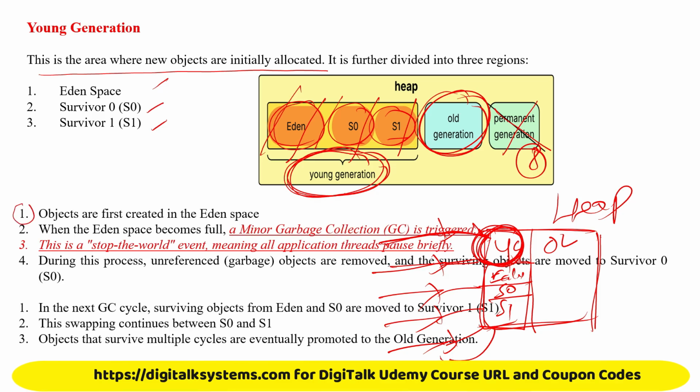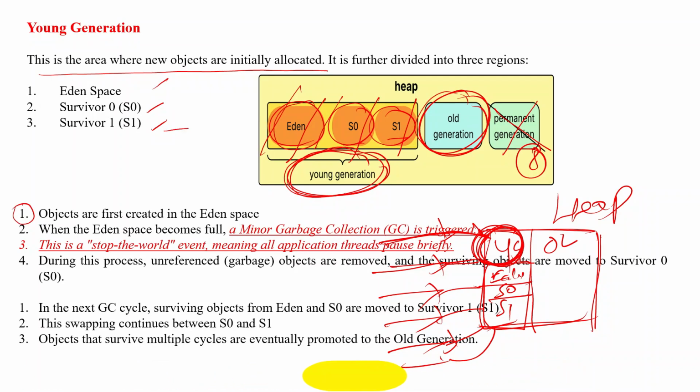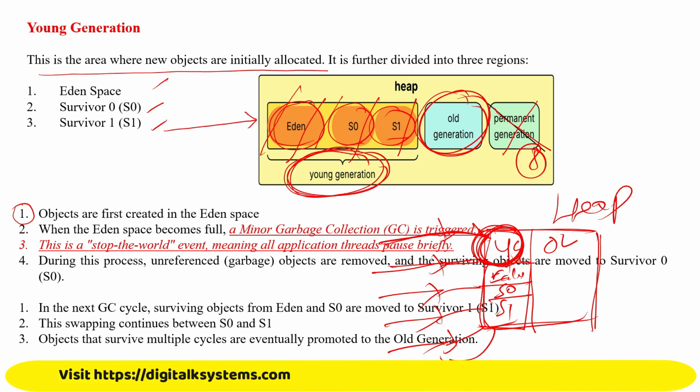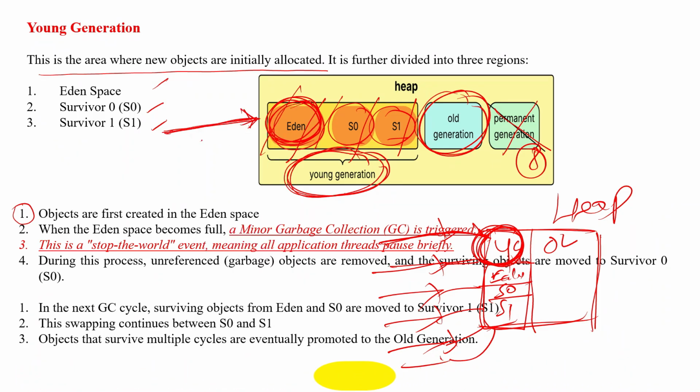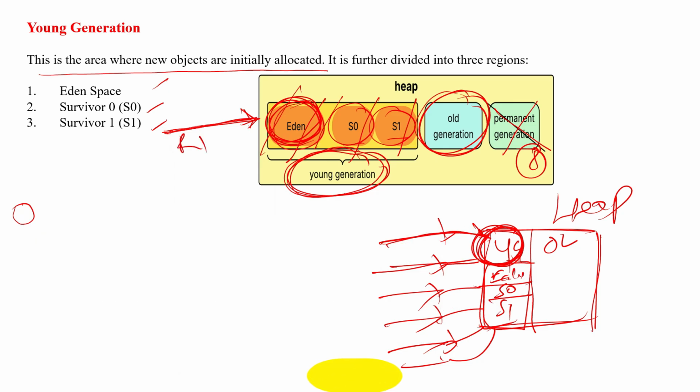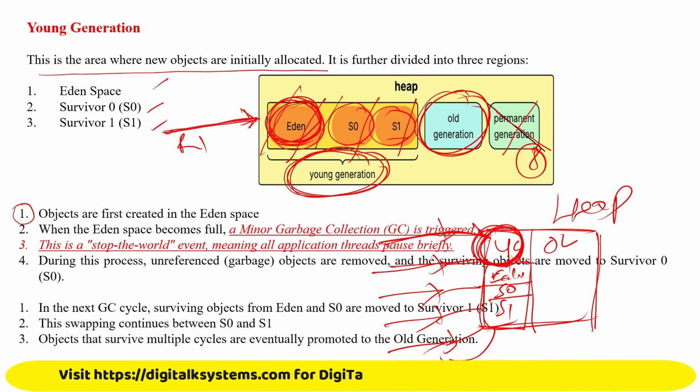Objects are first created in the Eden space. Suppose there's a client connected, and the request needs to be executed inside the heap. So the new request will first connect to the Eden here. So all the objects created by this particular request, for example request 1, will be created in the Eden space.